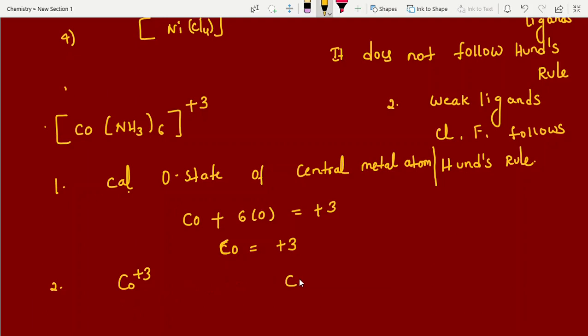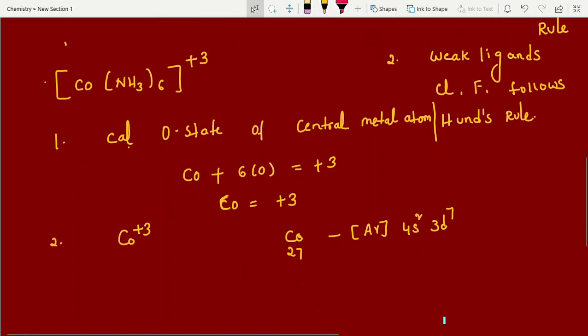What is cobalt's atomic number, students? Yes, 27. What is its electronic configuration? Yes, [Ar] 4s2 3d7. I explained d-block element configurations in a very easy way; please go through that if you have any doubts. Now look into this. Here, cobalt is giving us information: it lost 3 electrons.